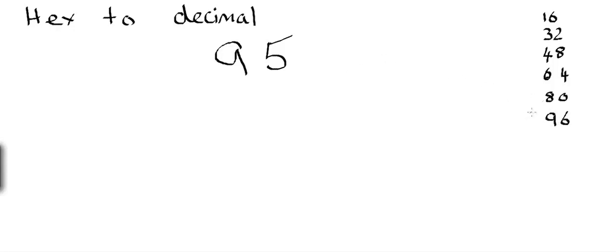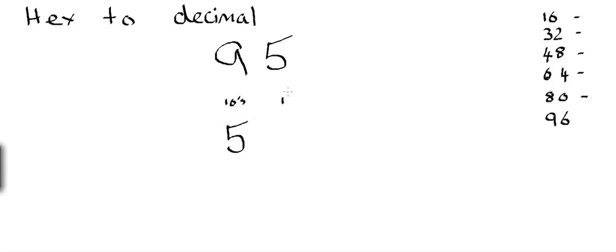So we've gone too far now, so we know we can stop. So then what we've got to say is how many 16s can we fit fully into 95. So we've got 1, 2, 3, 4, 5. So the first number, the number of 16s that we've got, is 5.